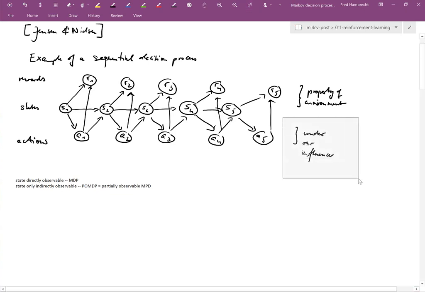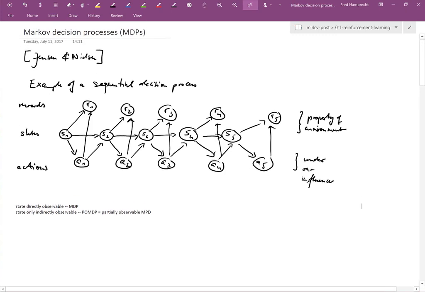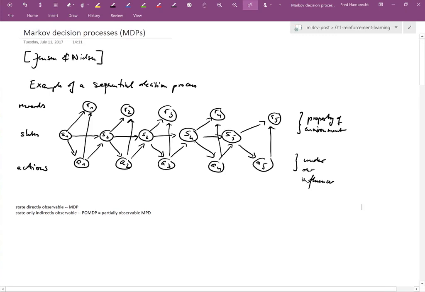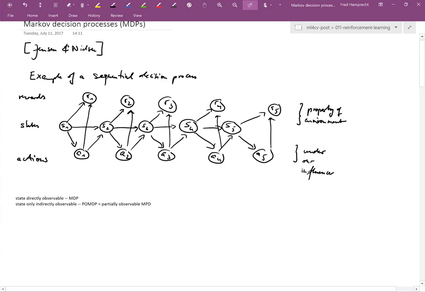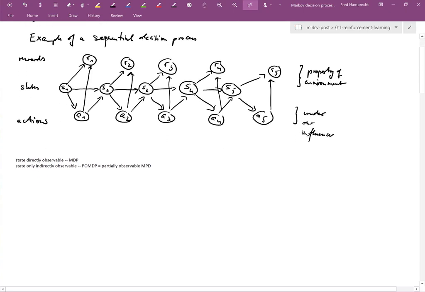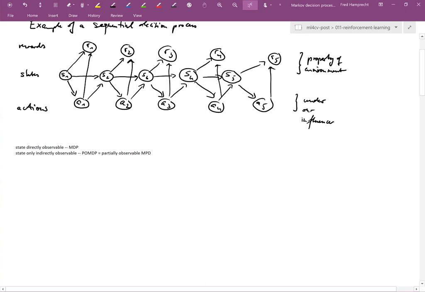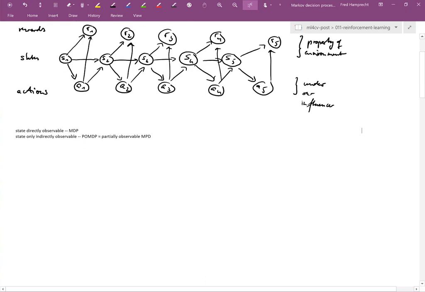The only thing that we can do is to decide which action to take once we're in a given state. And the whole thing is called Markov decision process. So here, the state only depends on state and action at the immediately preceding time step. So we don't need to know further history to reason about what would be a good action to take next.